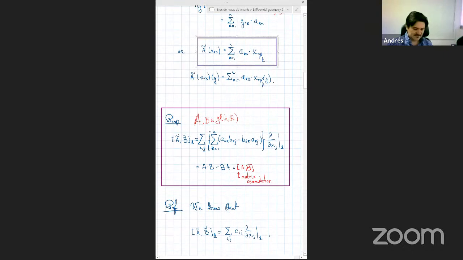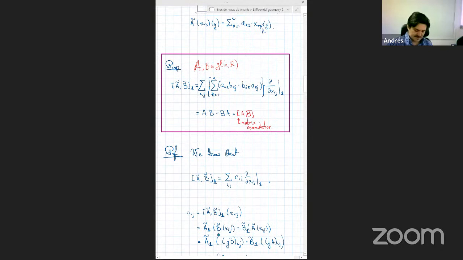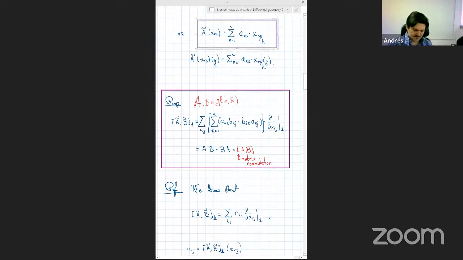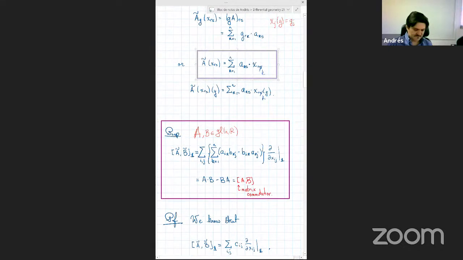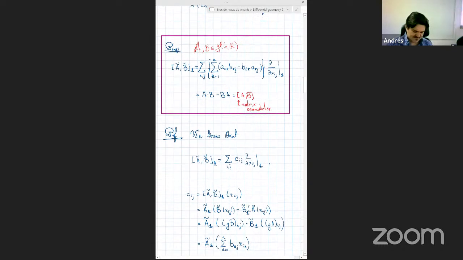Let's see. Let's see where we computed this. I don't know why I wrote this. That doesn't seem right. Did I make some mistake here?